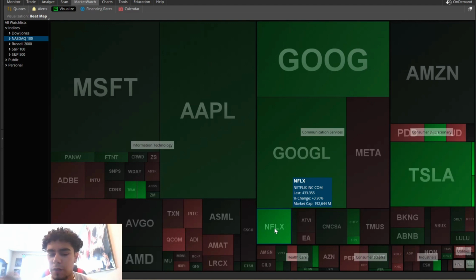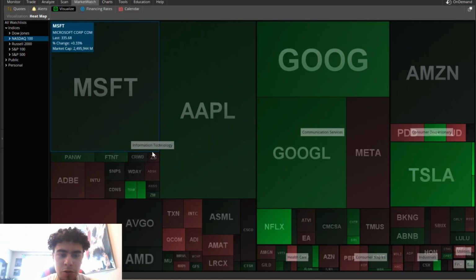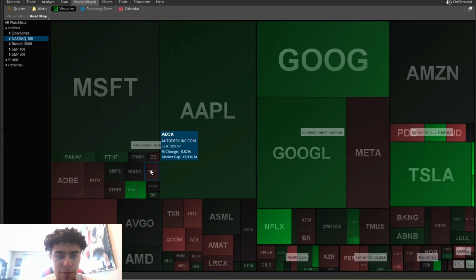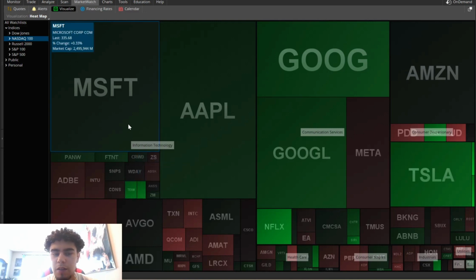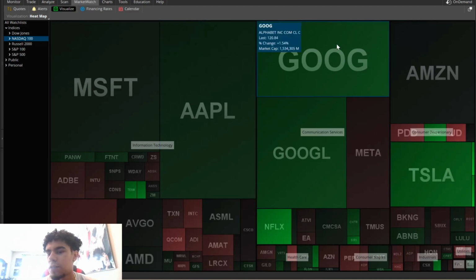Knowing the personality of Netflix, some days it does its own thing and doesn't follow futures necessarily. It is still good to keep an eye on futures, but when stocks are more smally weighted, like CrowdStrike, Zscaler, Autodesk, Workday, these might do more of their own thing versus something like Apple, Microsoft, Google, Amazon.